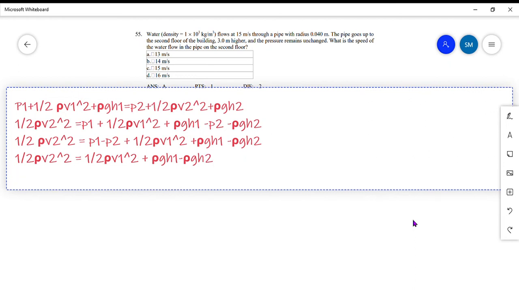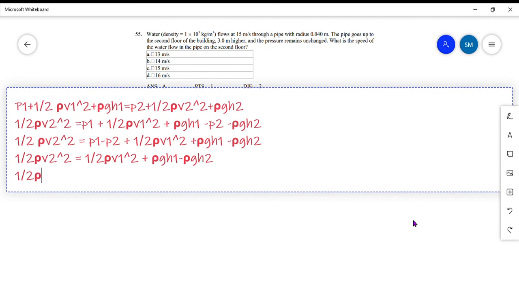After this, we will take the density as a common factor. Let's take rho as a common factor.